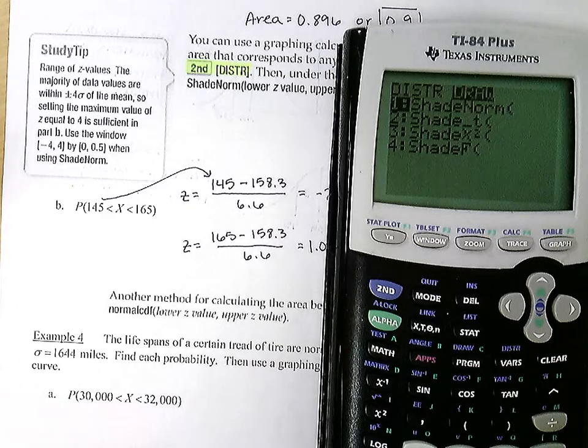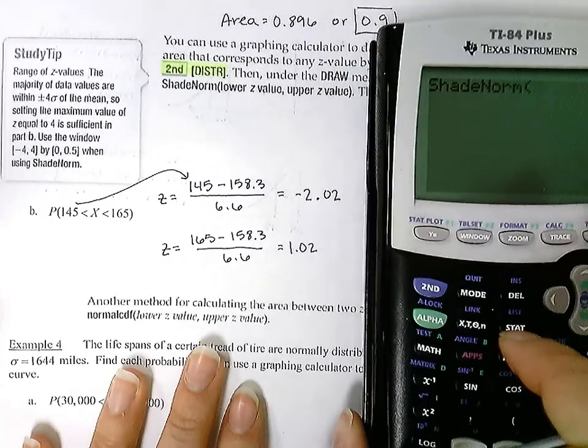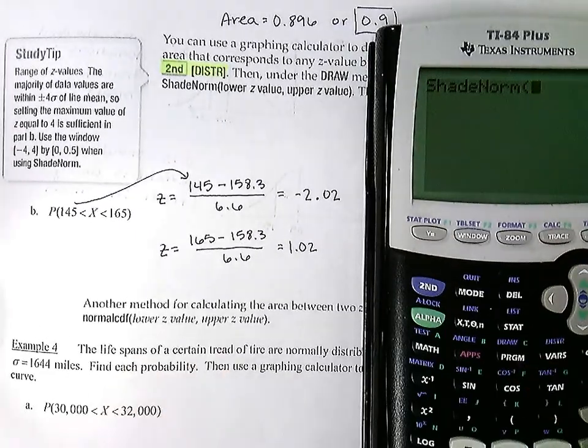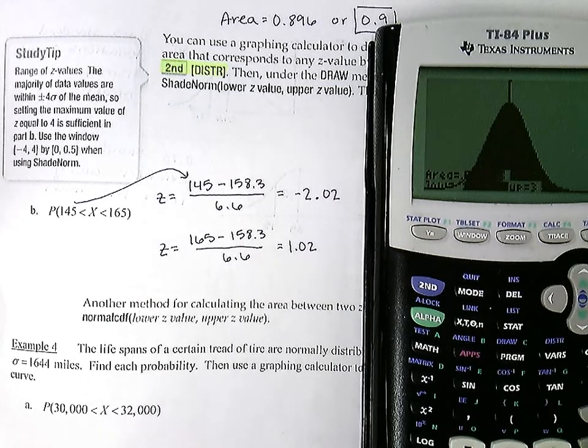Go over to the right to draw, shade normal, enter your lower bound, which is negative 2.02, and your upper bound, which is 1.02. Then press enter and it'll shade it for you.